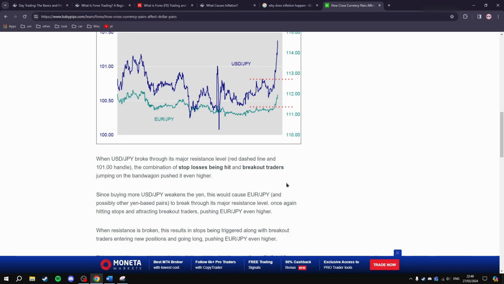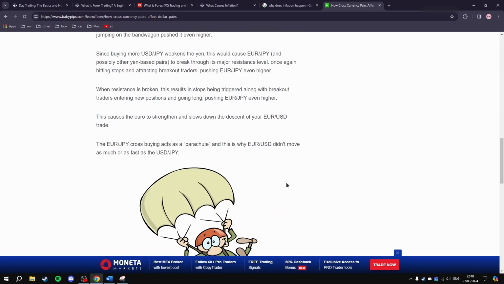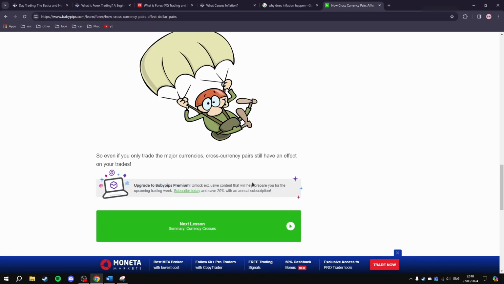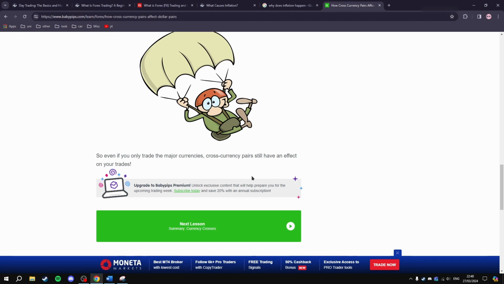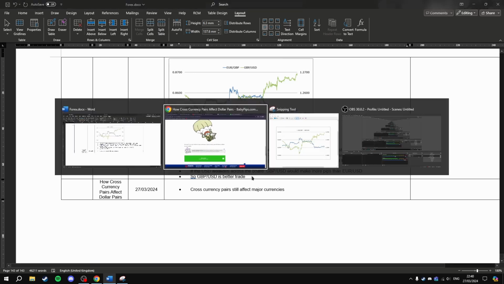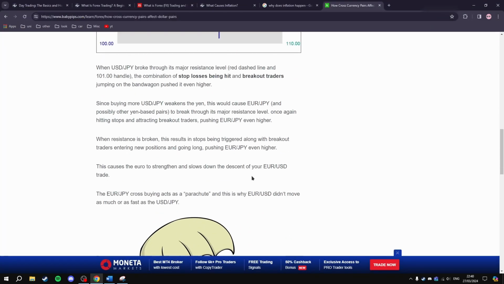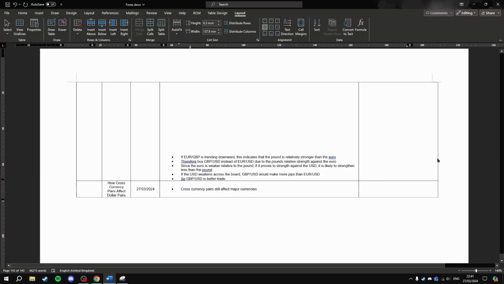Yeah, I don't really understand what any of this means, to be honest. Cross-currency pairs still affect major currencies. I do not know, to be honest.